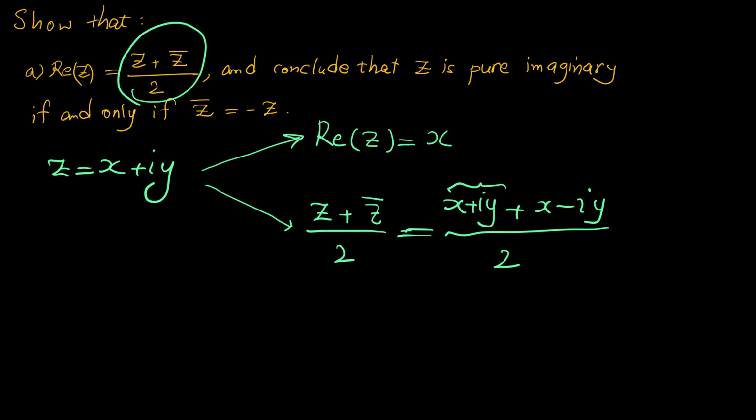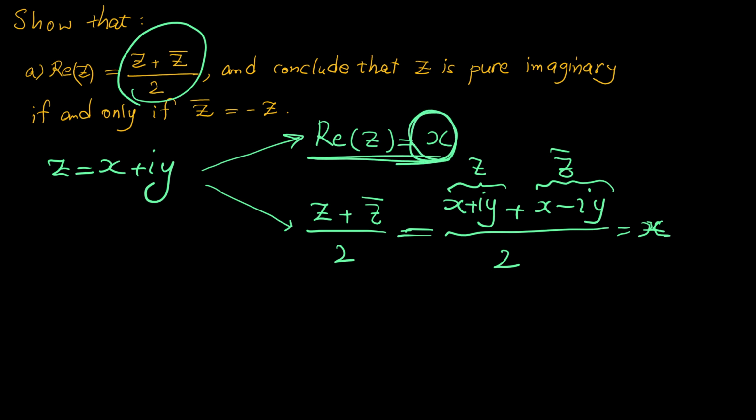So this is z and this is z conjugate. As we can see here, when we add z to its conjugate, iy and negative iy cancel each other. What remains in numerator? 2x. x plus x is 2x. 2x divided by 2 is x.